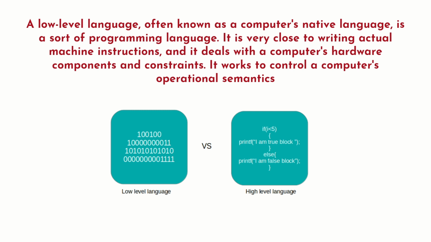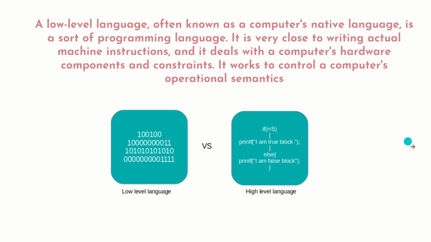Whatever you write to the machine is changed, and the low level language will look something like this in binary. A high level language, whereas, is the code or text that we write, which is readable by the user, but a low level language is understandable to the machine. So yes, it works to control a computer's operational semantics.